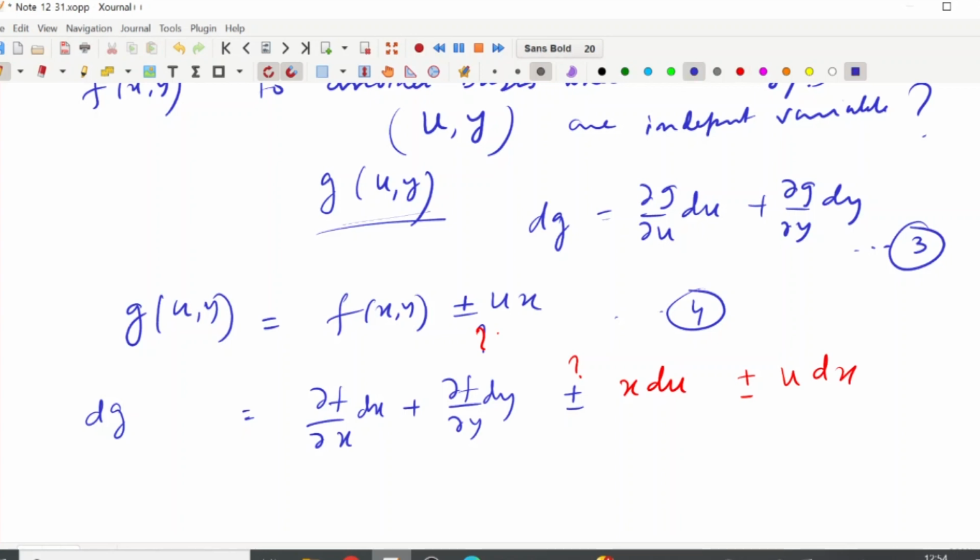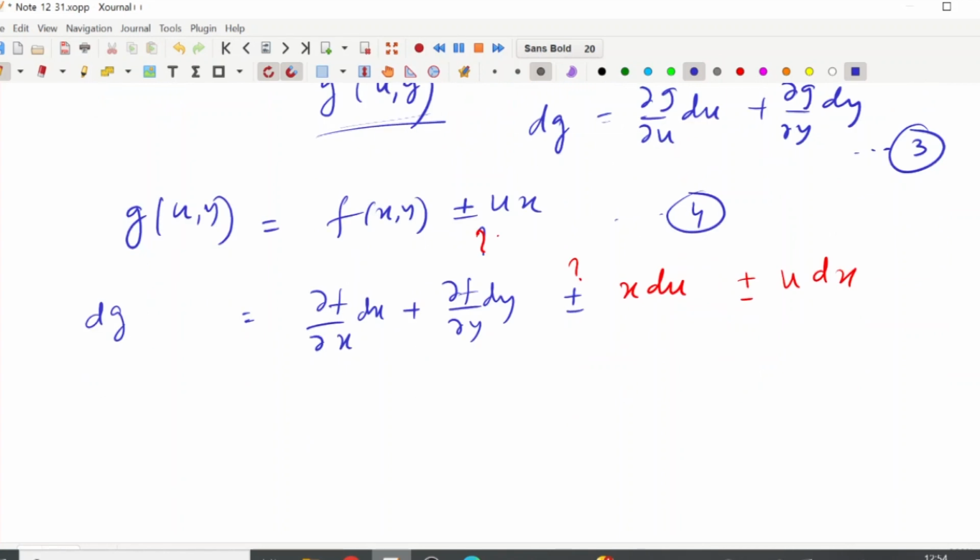Okay, let me go back to the blue ink. Now, ∂f/∂x, because of equation 2, is nothing but u. So, this is u dx plus v dy, and then plus or minus x du and plus or minus u dx.